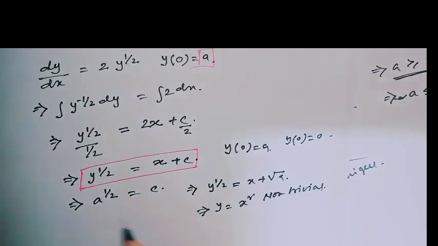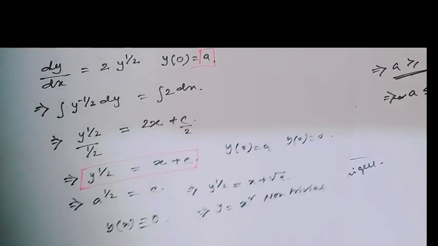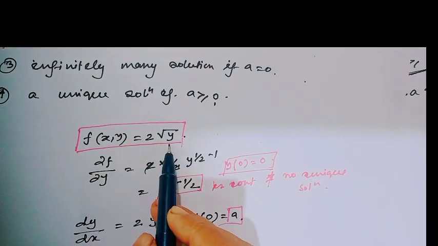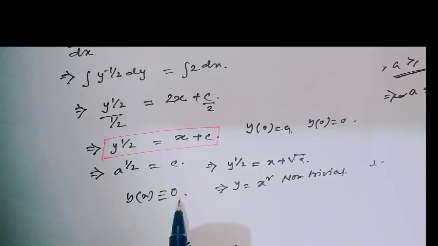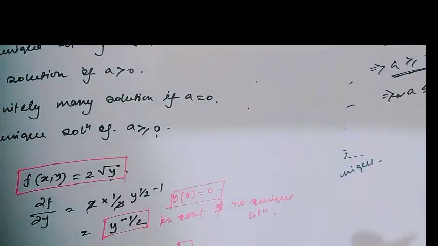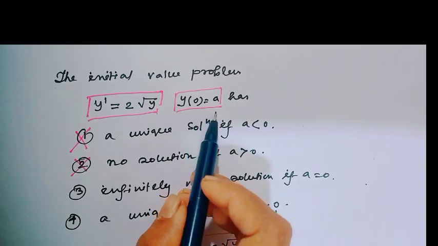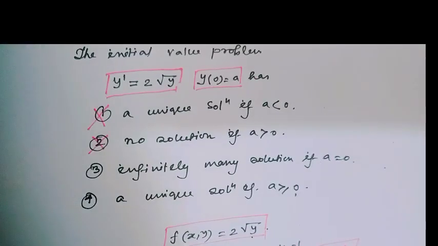Also, if we consider y(x) equal to identically 0, this is also a solution of this equation, because it satisfies dy/dx equal to 2 square root of y with the initial condition y(0) equal to 0.